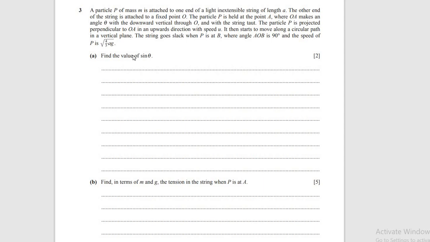Okay. A particle P, this is vertical circular motion, VCM. A particle P of mass m is attached to one end of a light inextensible string.